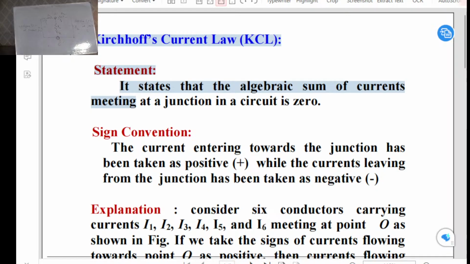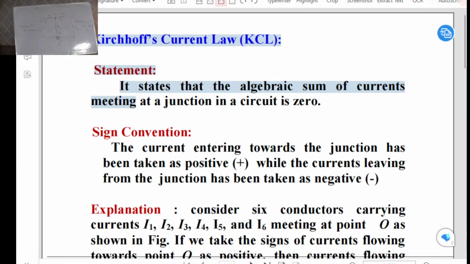To get 0, keep two conditions in mind. One is the sentence: the algebraic sum of currents meeting at a junction. How many currents are meeting? Small I1, small I2, small I3. That's the condition. The second condition is that we should know the sign convention. It is plus I1 or minus I1, confirm it. Plus I2 or minus I2, confirm it. Plus I3 or minus I3, confirm it.